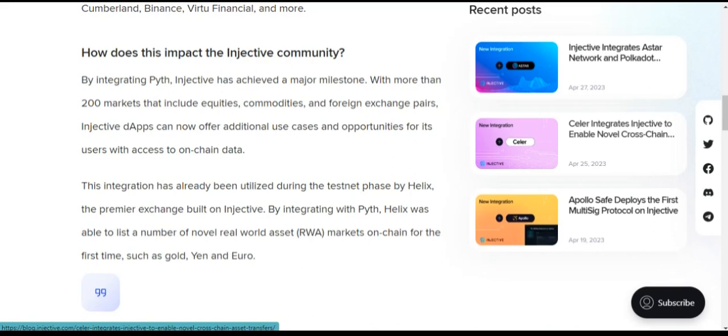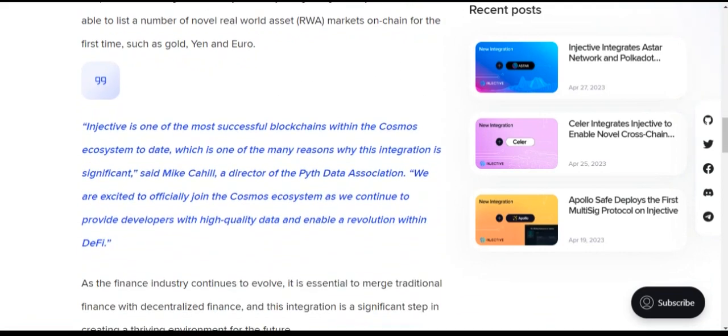BFT is a property of distributed systems that ensures that they can reach consensus and function properly if some nodes are faulty or malicious. If you pay attention to the POS system from Injective protocol, you will notice that it's based on Tendermint Core, which is a BFT consensus mechanism that supports many blockchains in the Cosmos ecosystem.